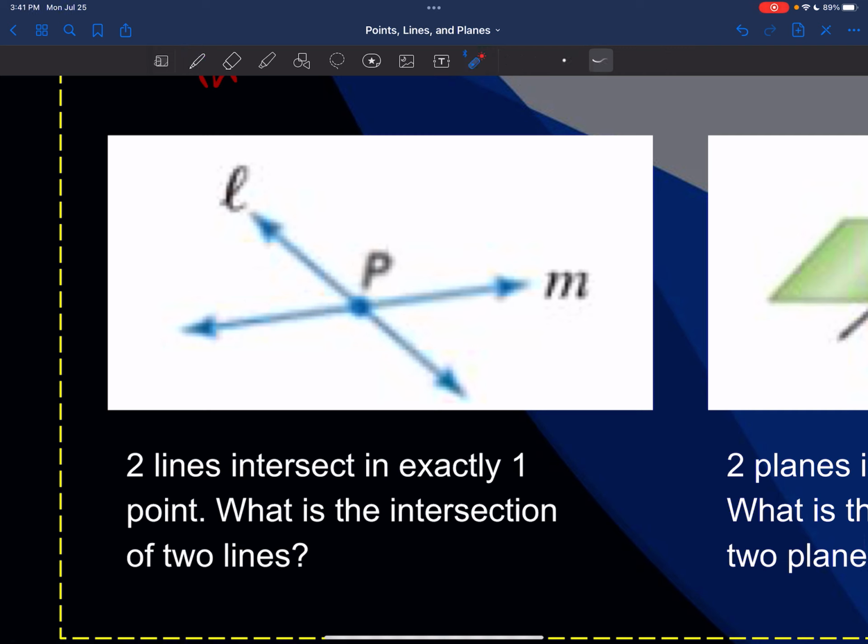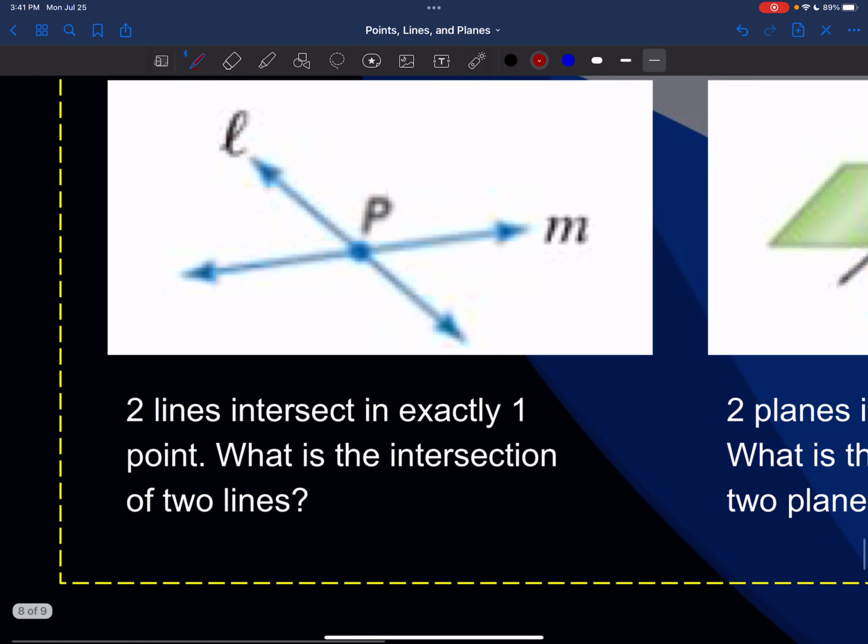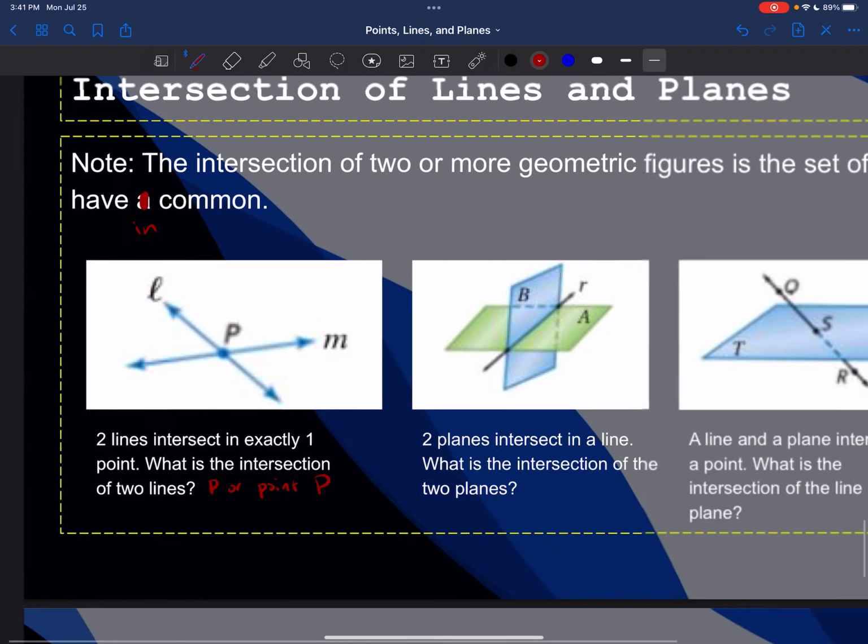So we have line L, and then we have line M. These lines intersect at exactly 1 point. What is that intersection? Well, they intersect at a point P. So we can call that P, or point P with that capital letter. Remember the capital letter when we're naming points.